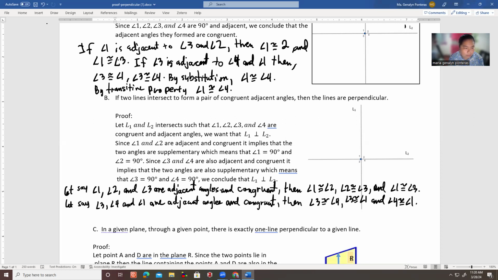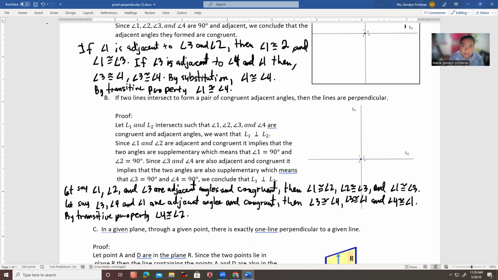So we can say, by the transitive property, that angle 4 is congruent to angle 2. From the two previous statements, they are congruent.